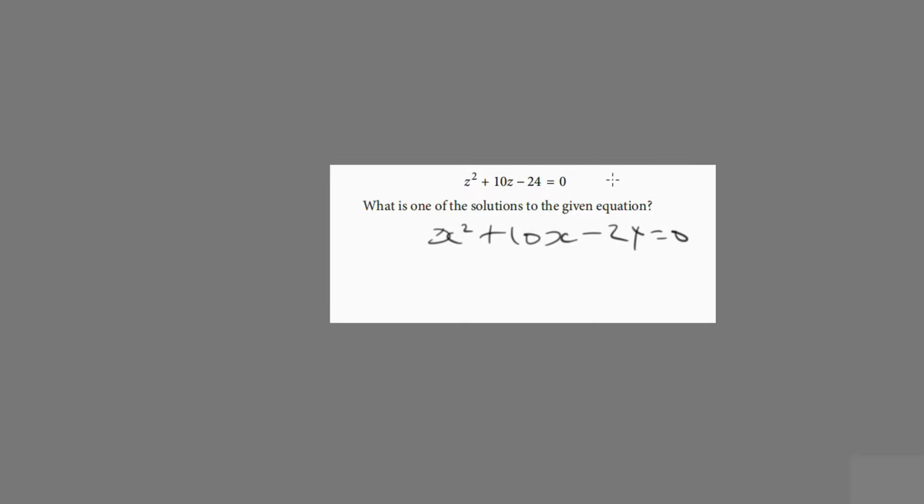The two numbers are minus 2 and 12. Minus 2 times 12 gives you minus 24, and minus 2 plus 12 gives you 10. So the equation will not change. We have x square minus 2x plus 12x minus 24 equals 0.